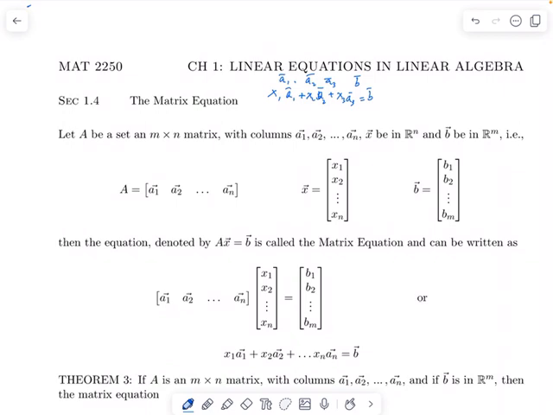So x1, x2, x3 are unknown, which we want to find to see if b can be written as a linear combination of a1, a2 and a3. This is called the vector equation.